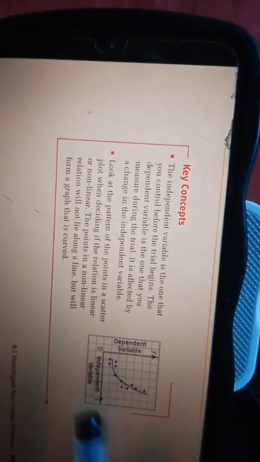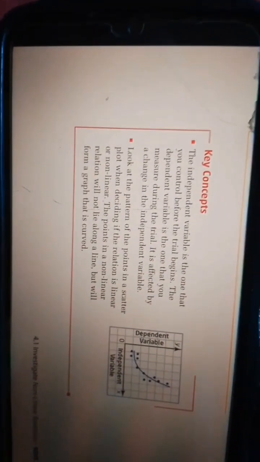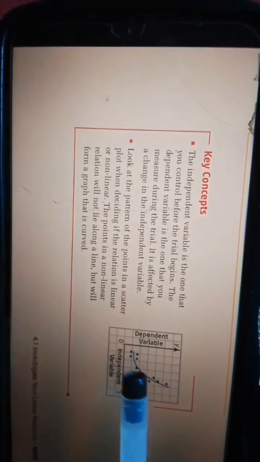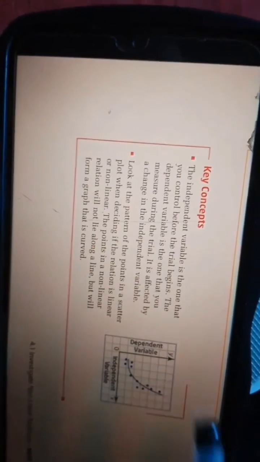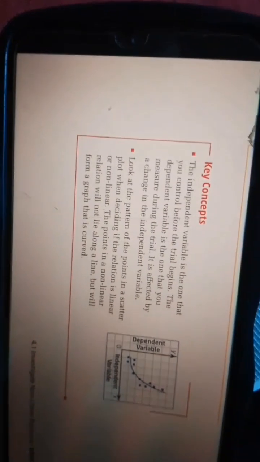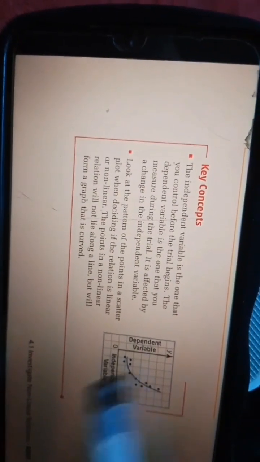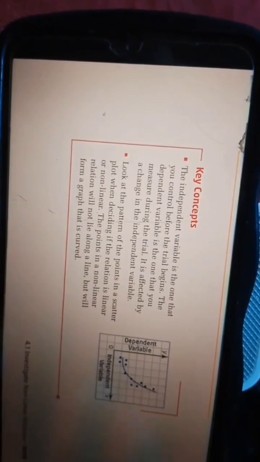Then you draw a line or a curve of best fit that is suited to generalize the scatter plot on the Cartesian plane or on the graph.